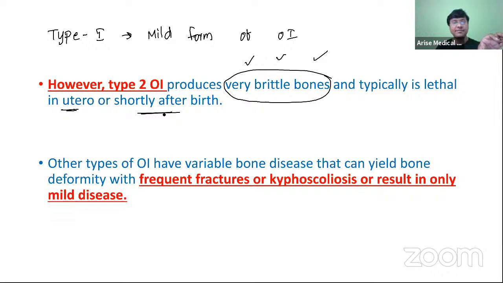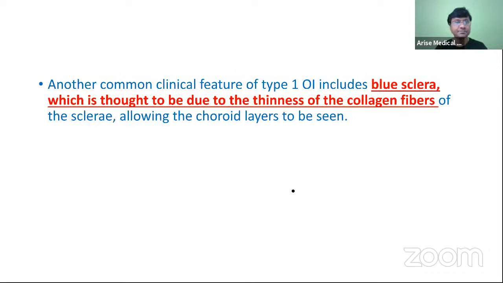They have very severe manifestations because of very brittle bones. Remember, they are prone to frequent fractures, and they have bony deformity in the form of kyphoscoliosis.